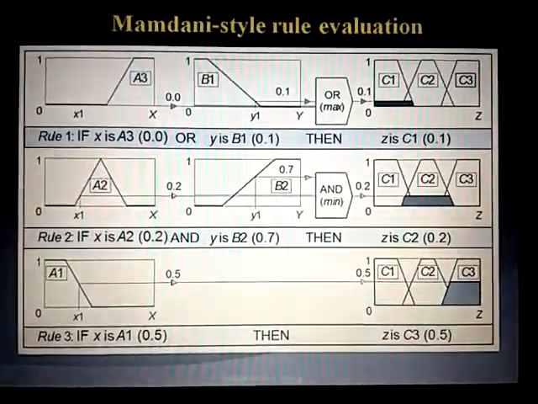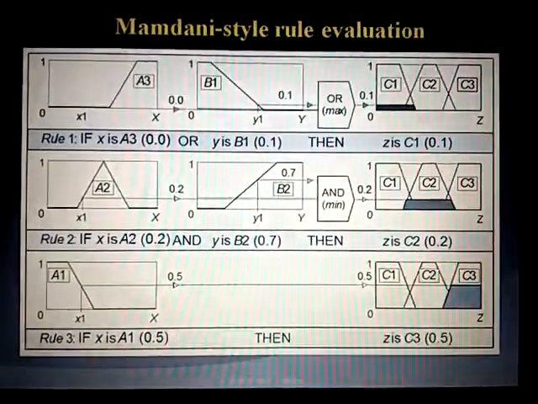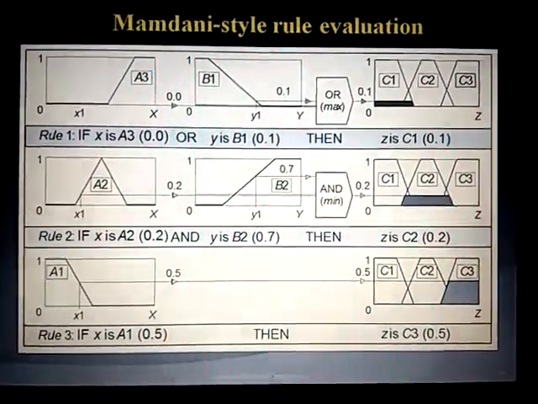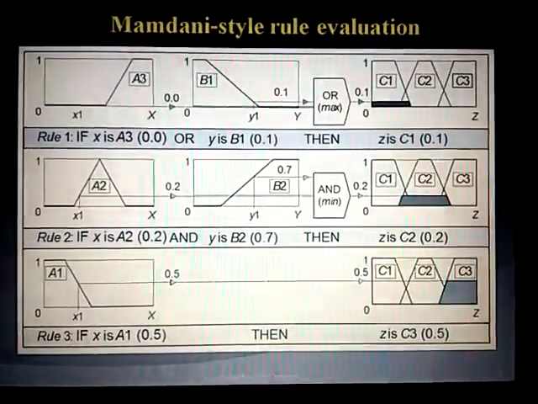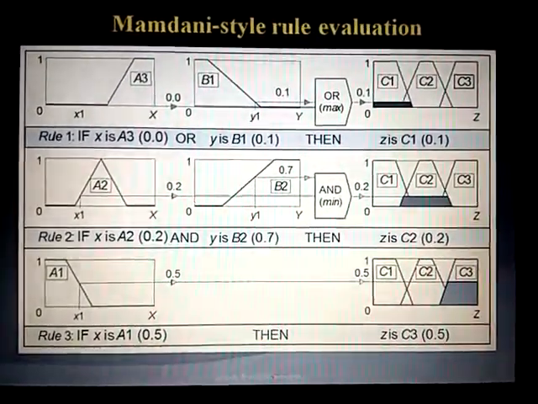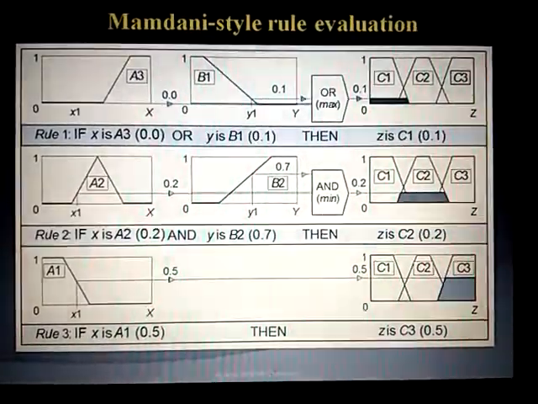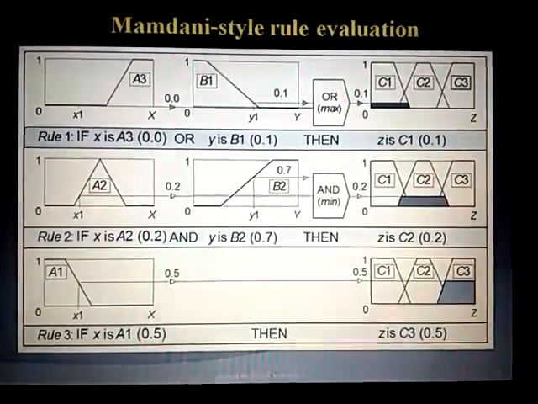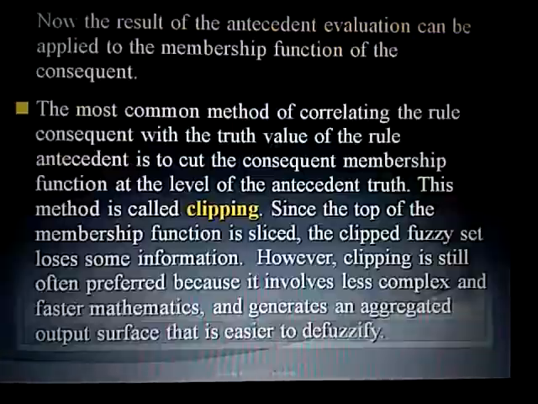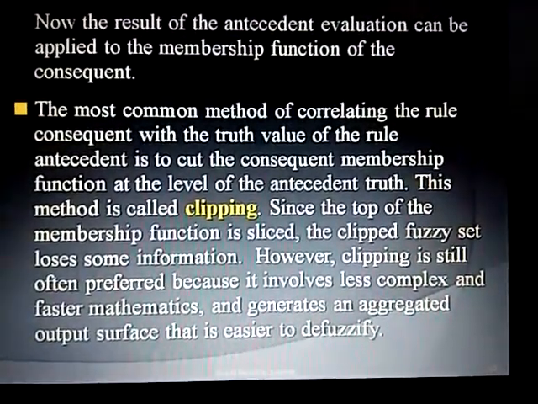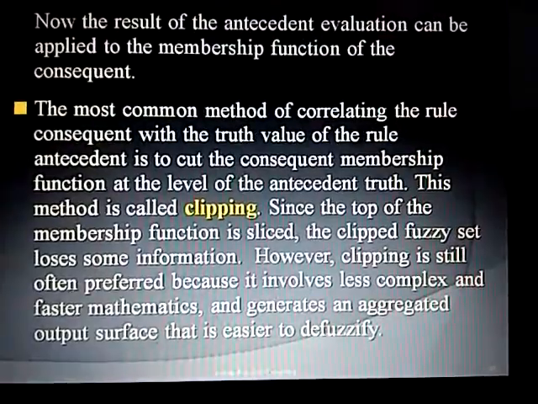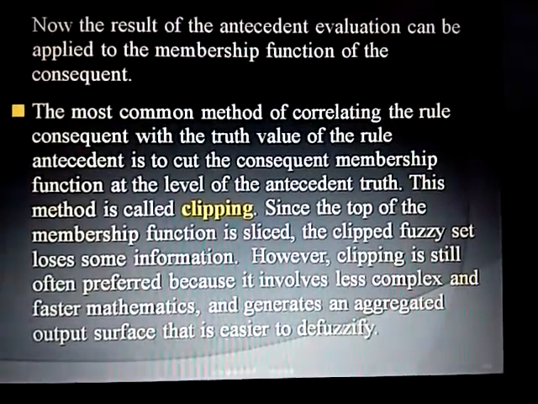Same as in rule 2: if x is A2, 0.2, and y is B2, 0.7, then z is C2, 0.2. Rule 3: if x is A1, 0.5, then z is C3, 0.5.